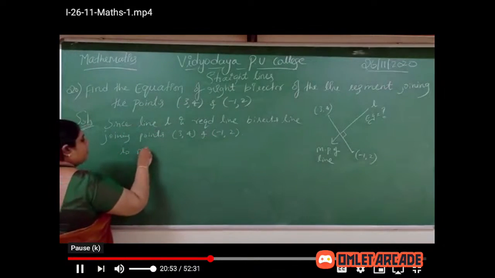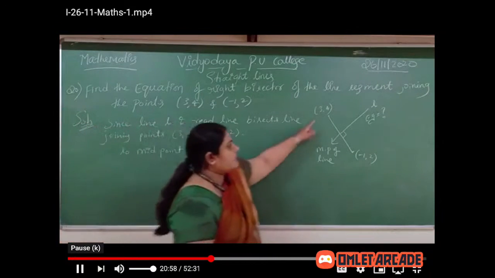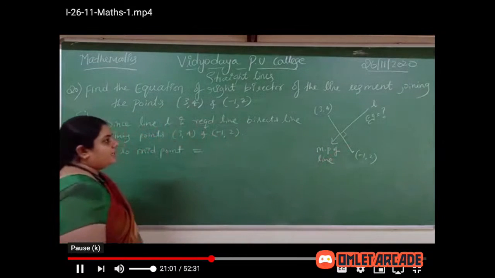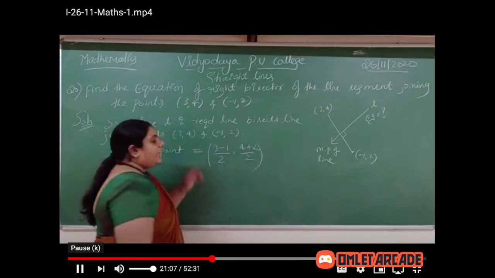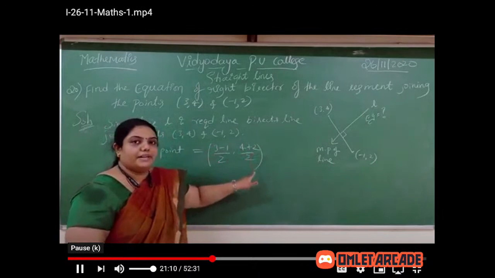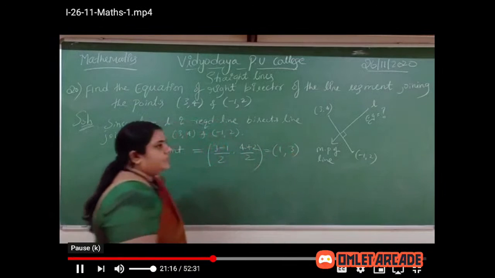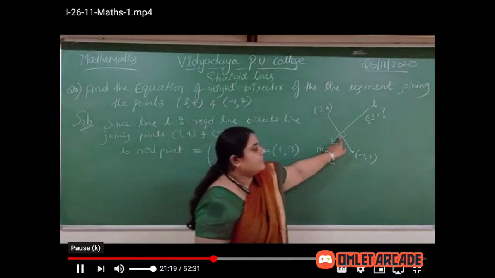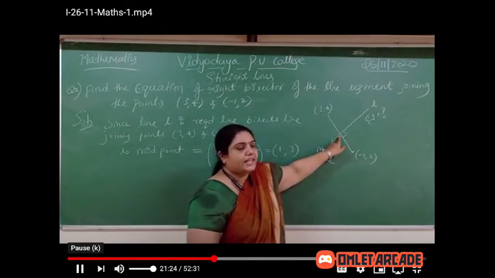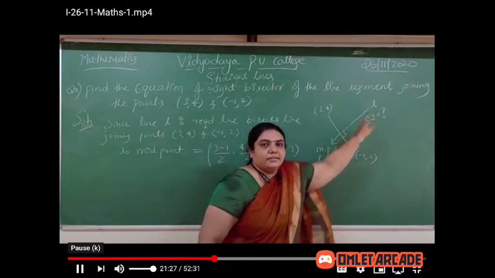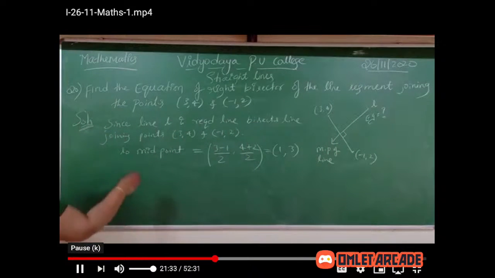So the midpoint of this line, I am using the midpoint formula. So it is (3 minus 1)/2, (4 plus 2)/2, isn't it? (x1 plus x2)/2, (y1 plus y2)/2. So it will be (1, 3). This is the coordinate of this point, and this point is the intersection of both the lines. So can I say (1, 3) is on the line L? Yes. So (1, 3) is a point on the line.